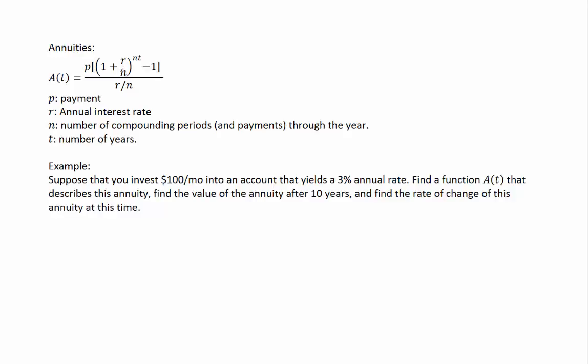So we're going to assume that those two are the same, and r is your annual rate of return or annual interest rate, and this is going to be the expression we have.